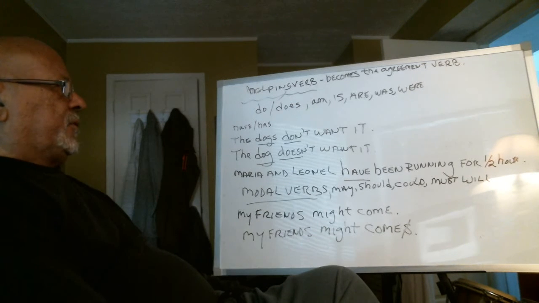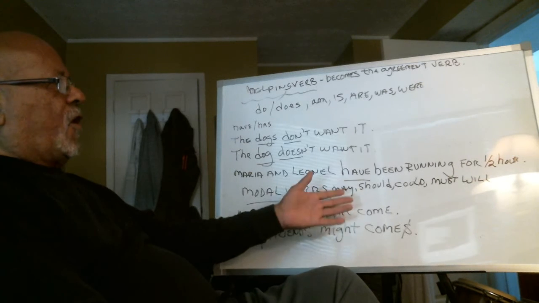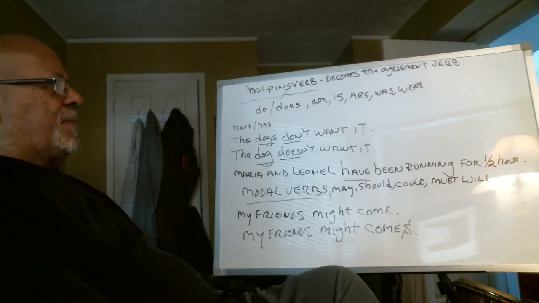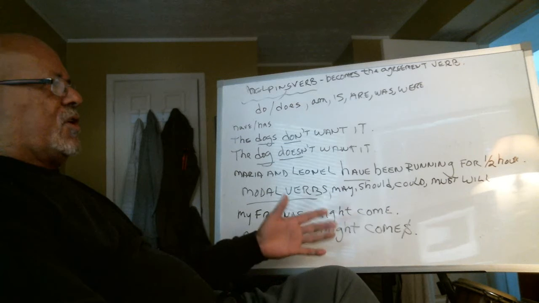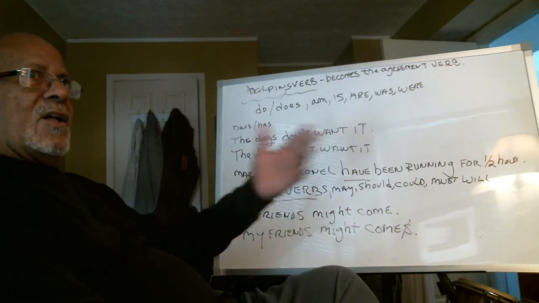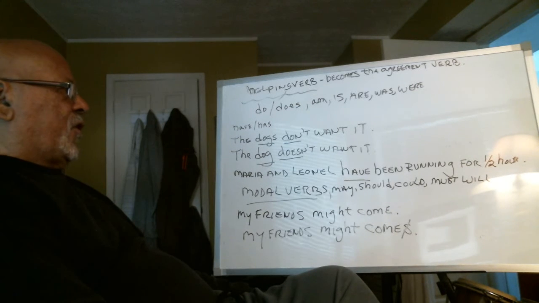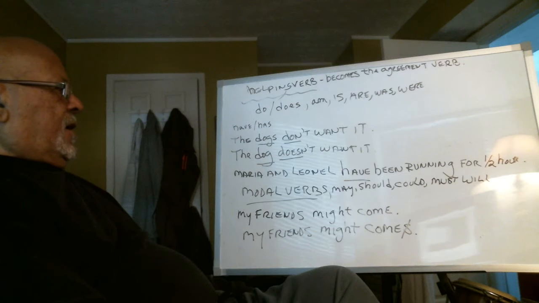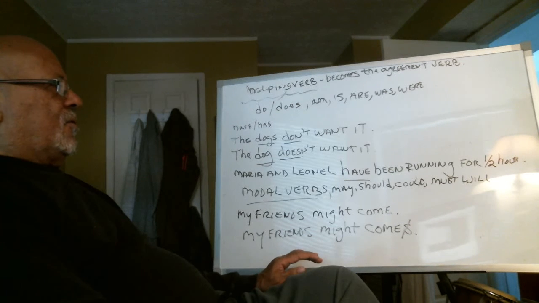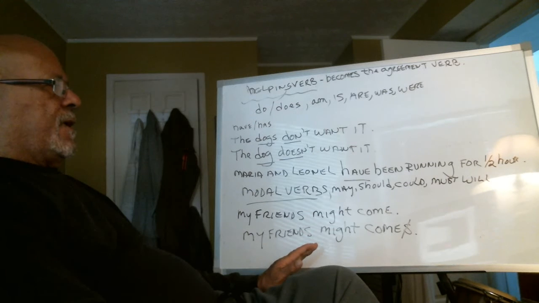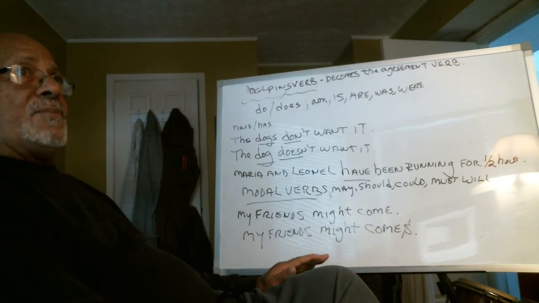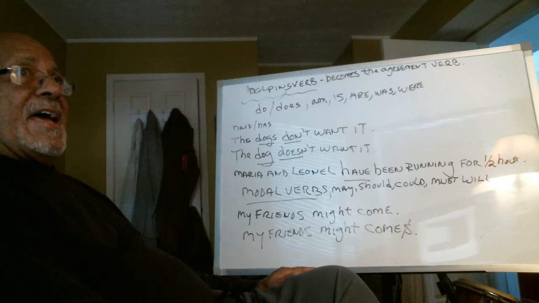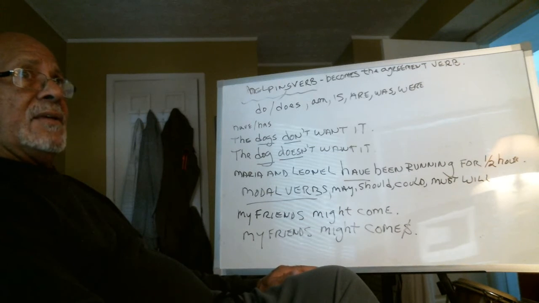Modal verbs. Okay? Verbs like may, might, should, could, would, must, will, different modal verbs. Okay, so when you have a modal verb, the main verb does not have an S attached to it.